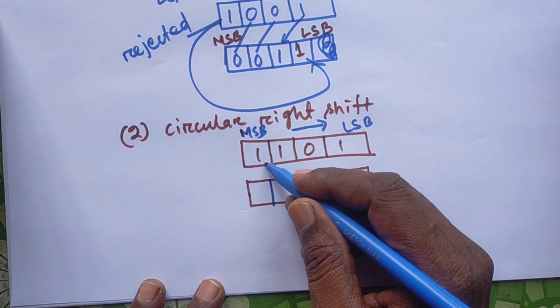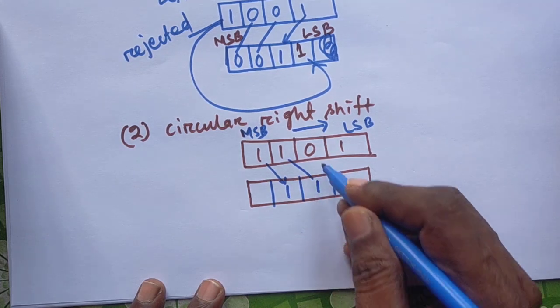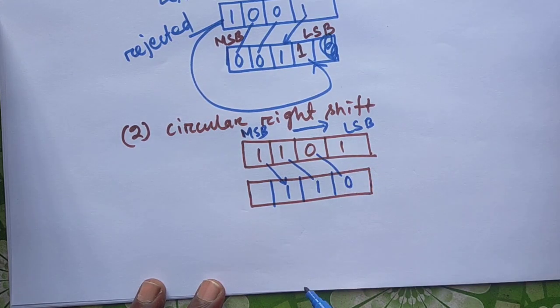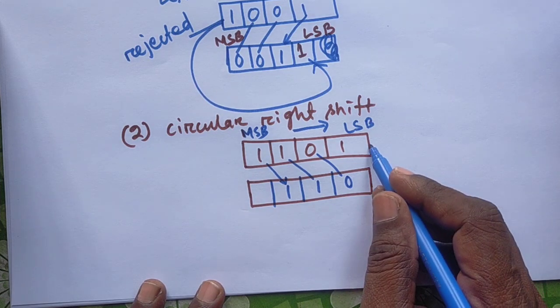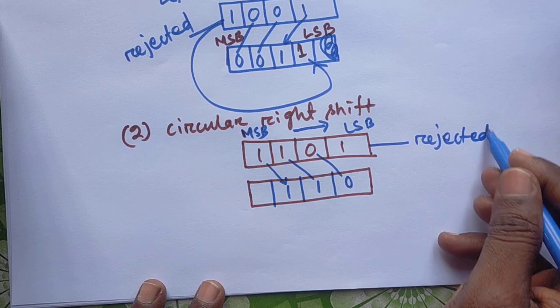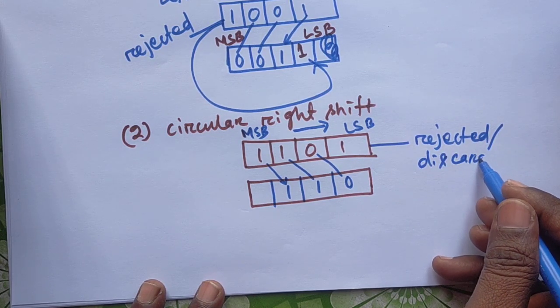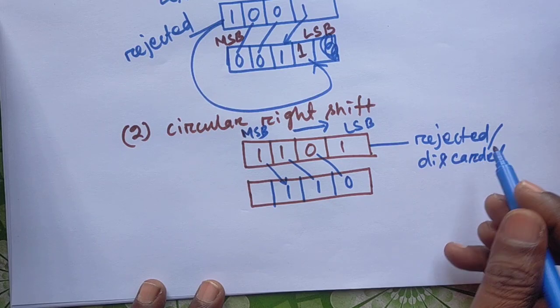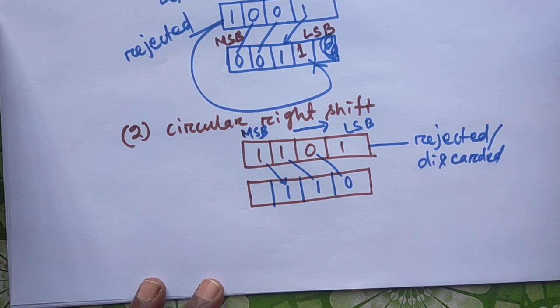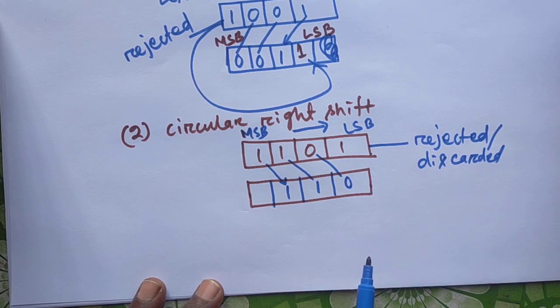Now you see here what happens. Same thing we apply. Here we write the data 0. And this data is rejected or discarded. Since it is rejected or discarded, why do you lose that data?